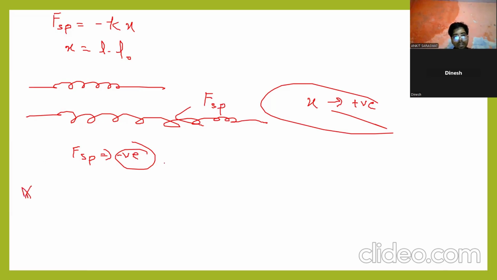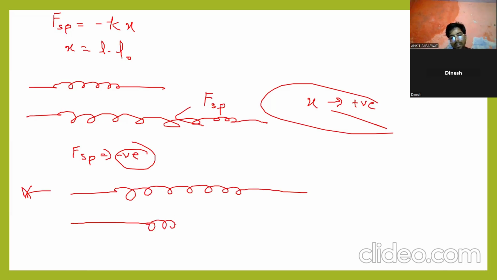One more case I will discuss with you. If the spring is like this and you apply a force, it compresses. Then in which direction will the spring force be? If you apply a force, X will be negative, because L is less than L naught. X negative means negative times negative gives positive, so F_sp will be positive.